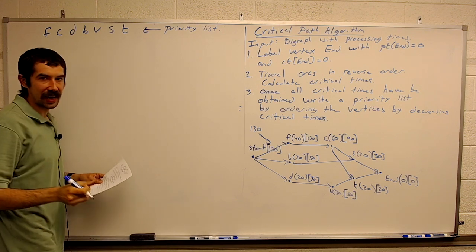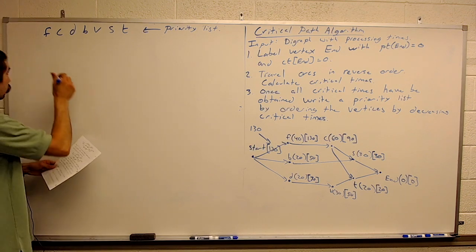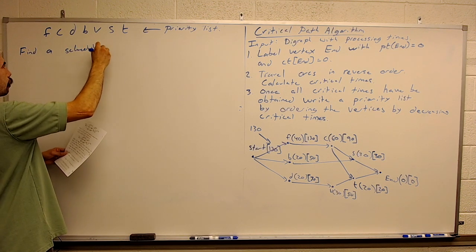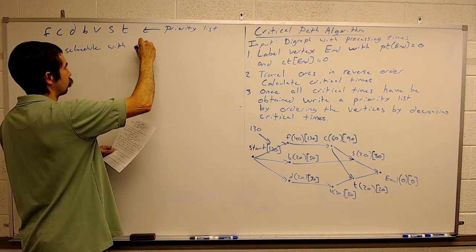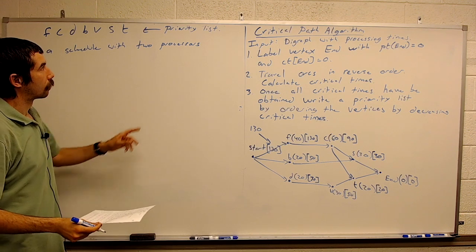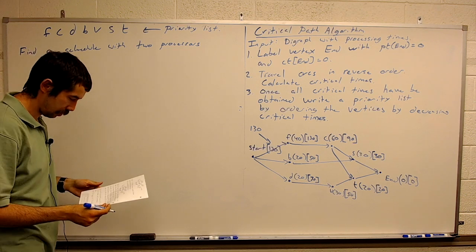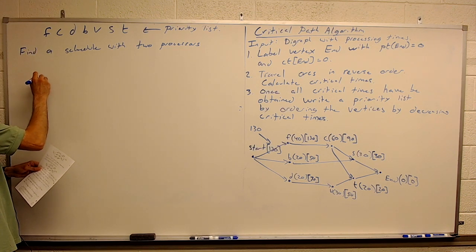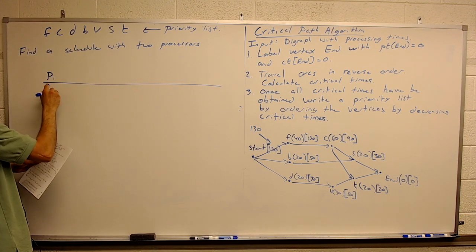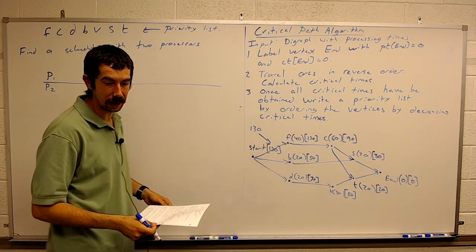All right, so let's now assign tasks with 2 processors, 2 people completing a task. So let's find a schedule. We're going to use this priority list to assign the tasks. So we're going to have processor 1, processor 2, and since all of our times are multiples of 10, I'll break it up into 10-minute chunks.